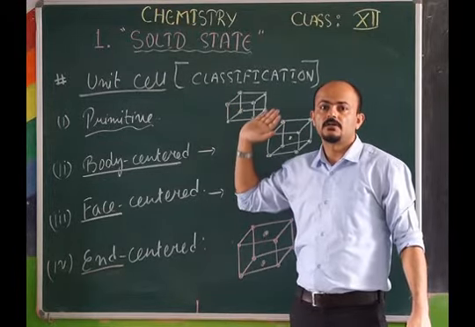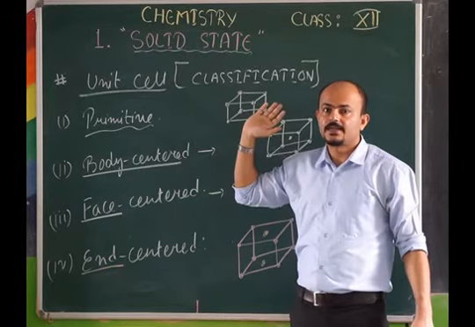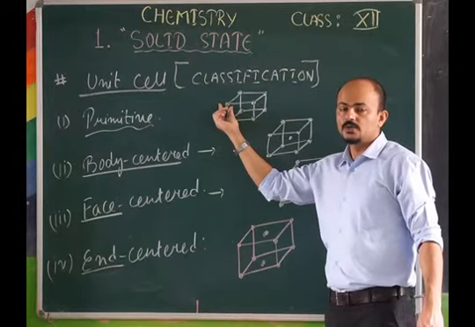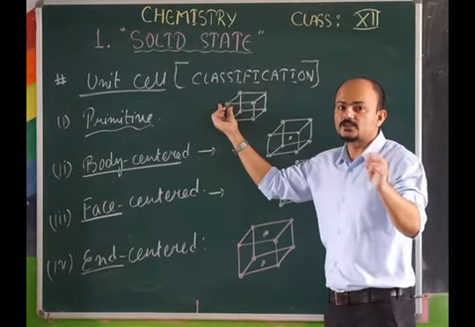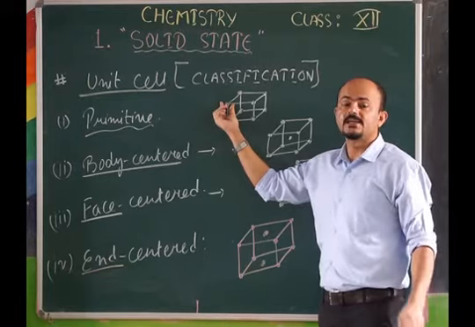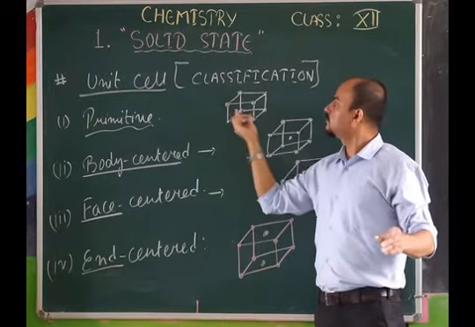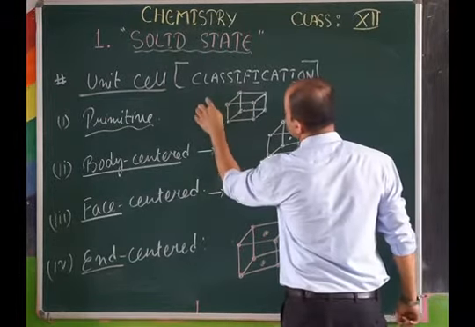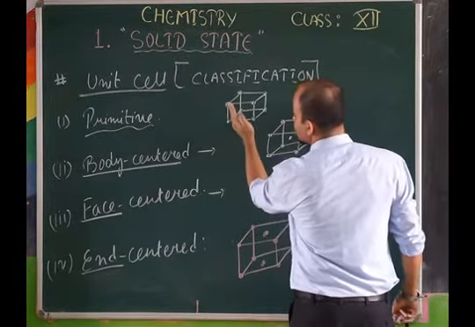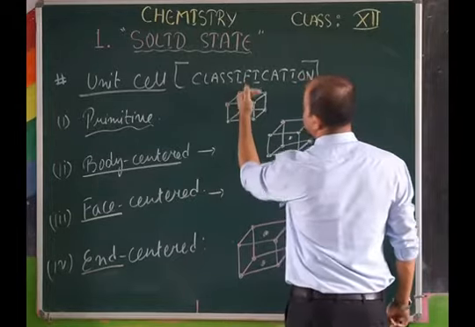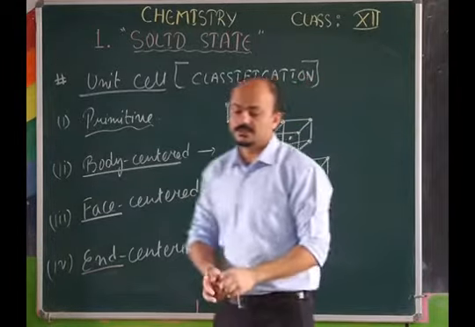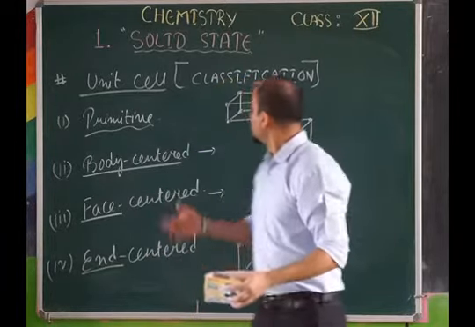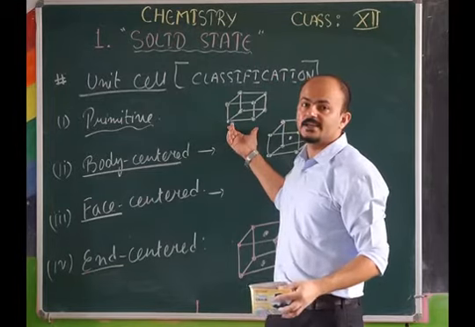Then each atom at the corner will be shared by, all together, including this cube, 8 cubes. That means this atom, here you will be having another cube, this side, above, and all together it will be shared by how many? It will be shared by 8 cubes.